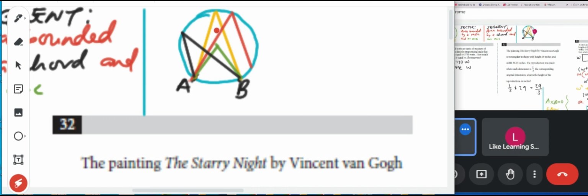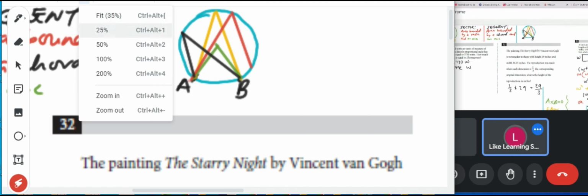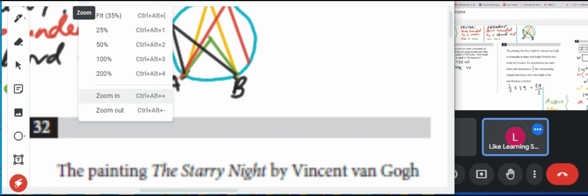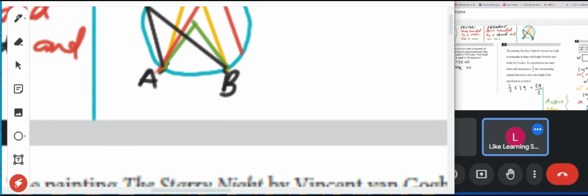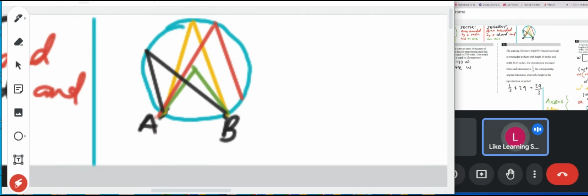What it means is, the implication is this. Let me zoom this in more and tell you the implication of that. That rule does not apply to the red, because the red is not subtended by the same arc AB. So what I'm saying is, assuming here is X, of course this place will also be X. If the black is X, the yellow must also be X, because they are all subtended by the same arc AB.